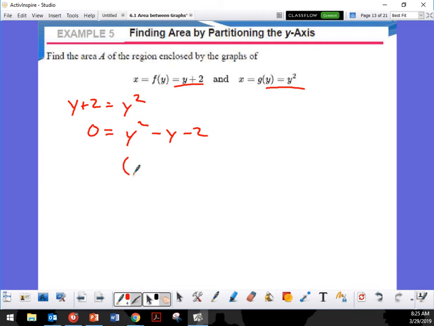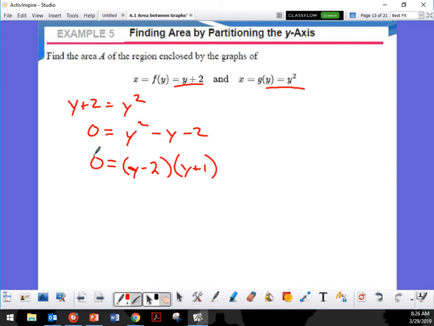So that's going to factor out to be y minus 2 and y plus 1. Did I do it too quick? I'm just going to do this.